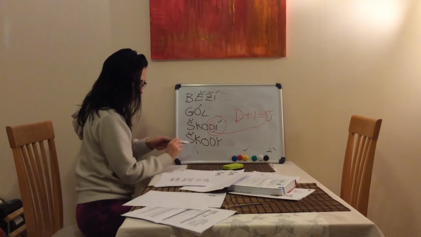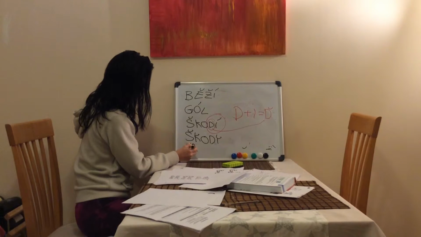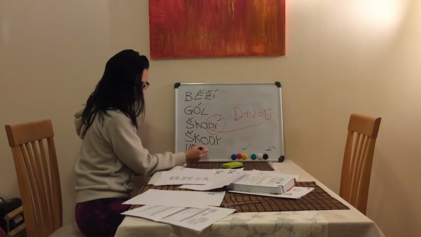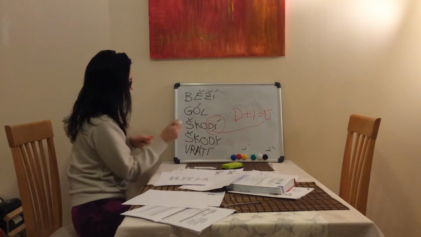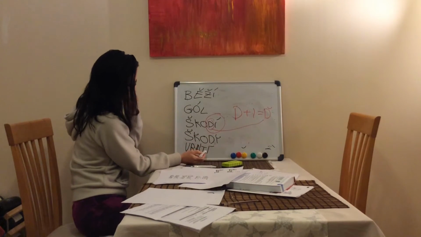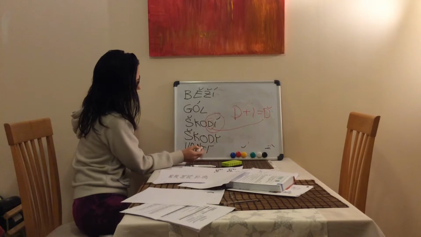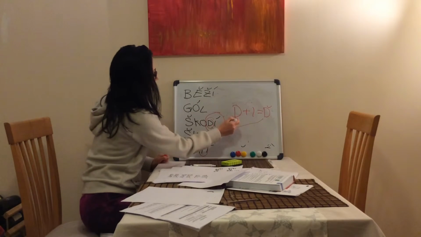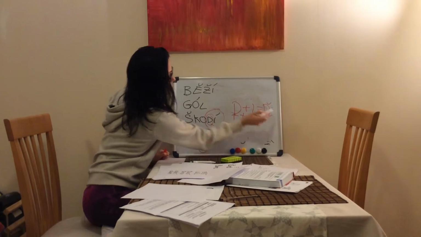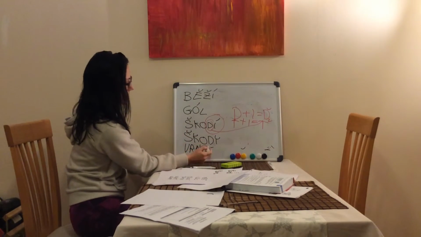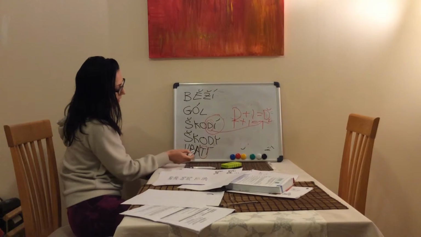We can do one more. And this is we've got long A, and we've got T followed by I again, which makes it into the J sound, plus the E at the end. So this is vrátí.